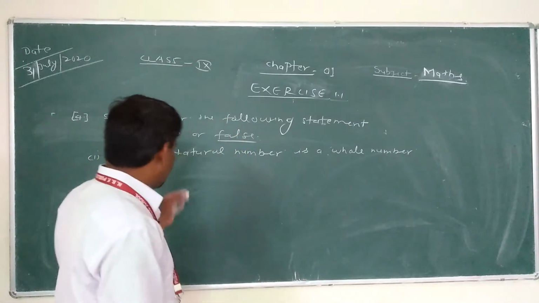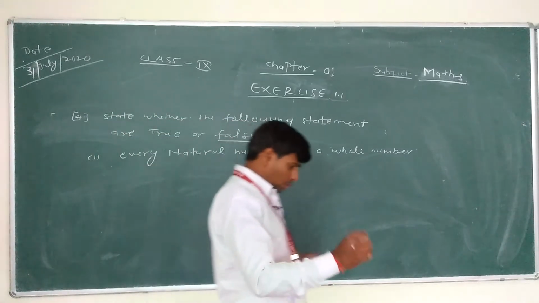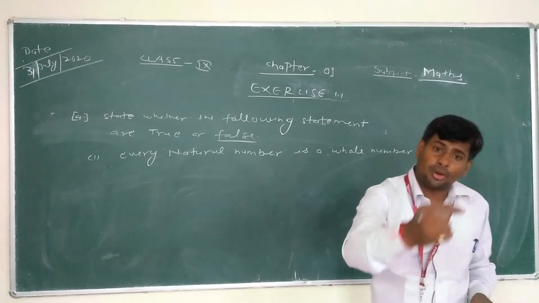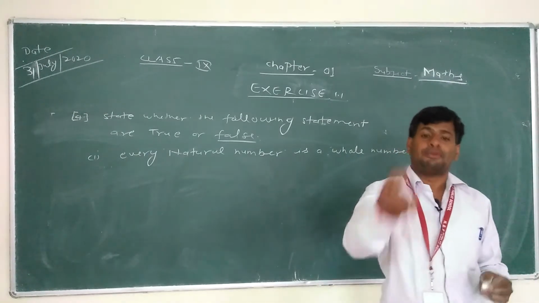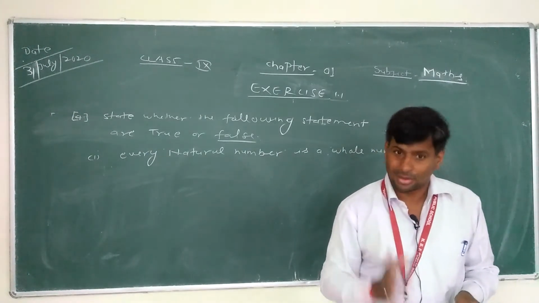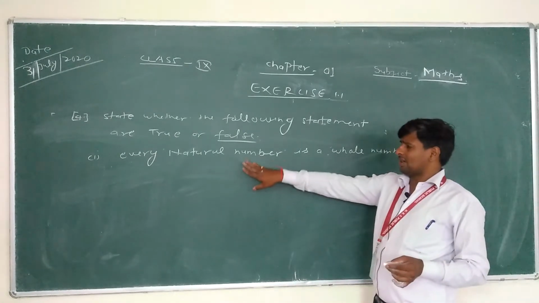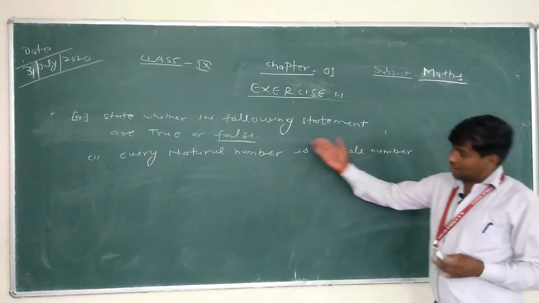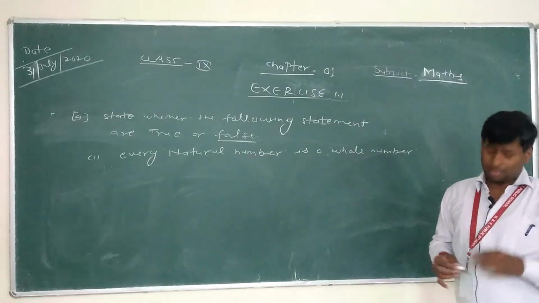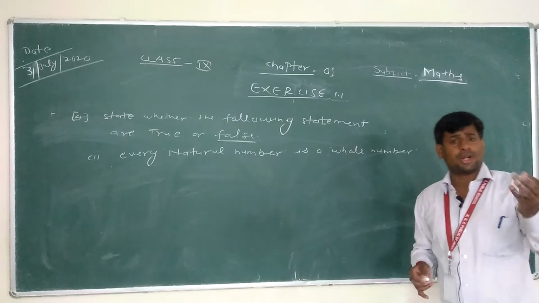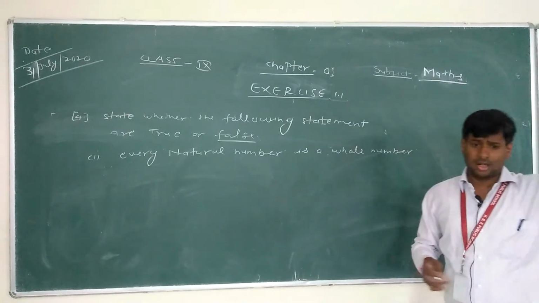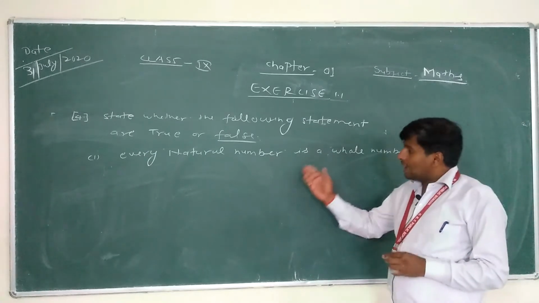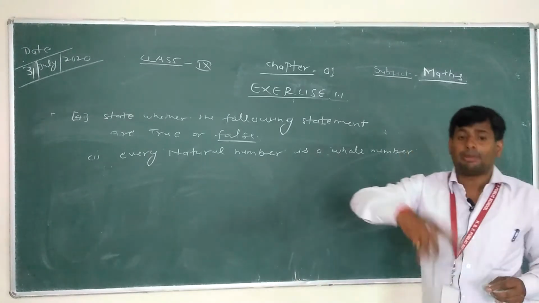Second thing, you know that every natural number is a whole number, every whole number is an integer, and every integer is a real number. That's clear. So in this question it is given: every natural number is a whole number. Yes, because natural numbers are 1, 2, 3, 4, 5 till infinity, and whole numbers are the collection of natural numbers with 0.